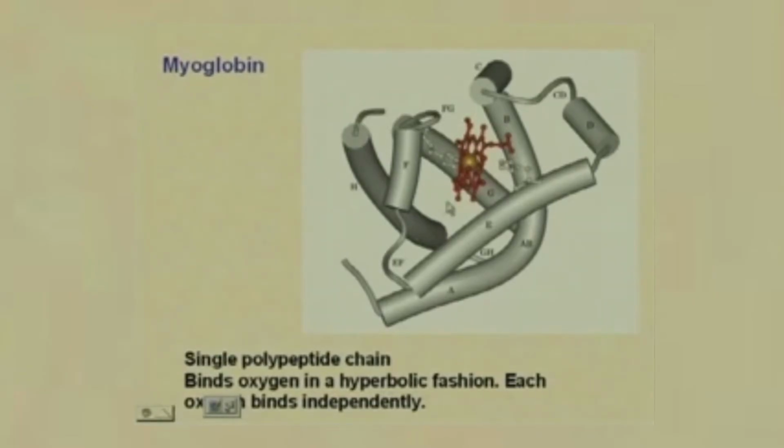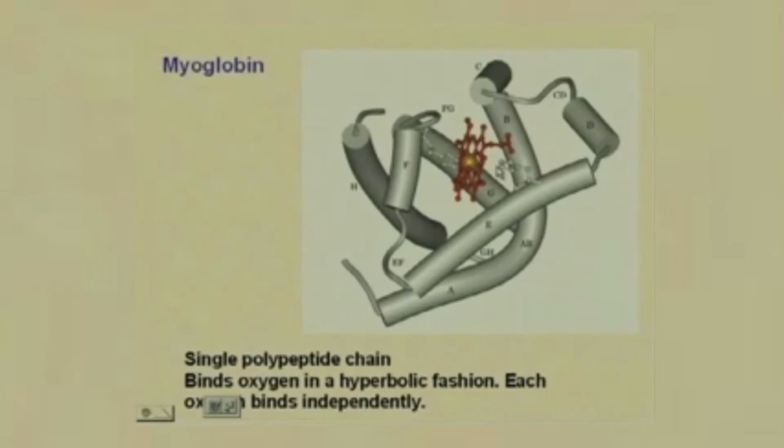Okay? So what happens is, you can see this one in red here is the heme. In the heme, you can see this yellow sphere, that is the iron. The iron is attached to, you can see, actually linked to the histidine moieties of the polypeptide chain. Okay?